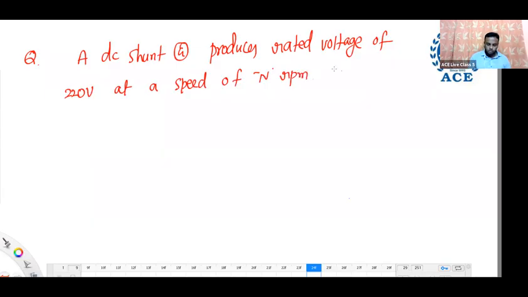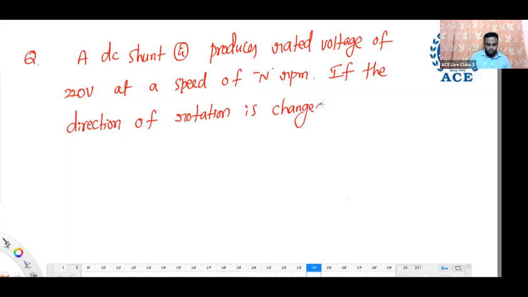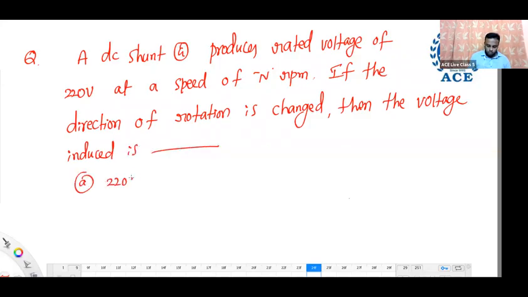If the direction of rotation is changed, then the voltage induced is dash. Options: 220 volts, 0 volts, minus 220 volts, none of these. What is the answer?